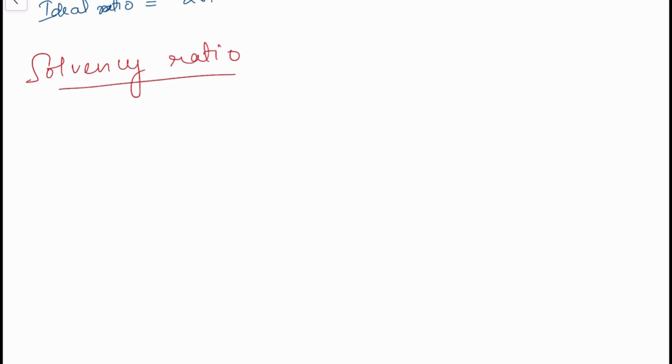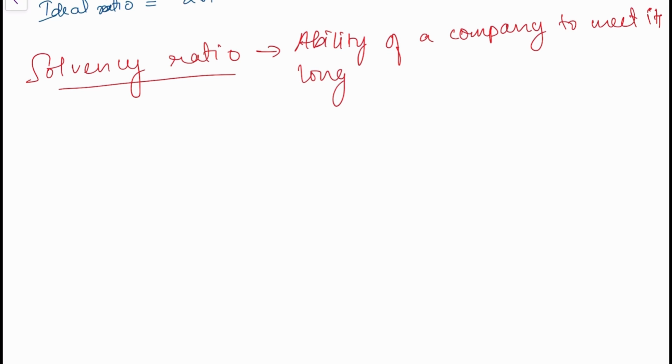Okay, then next, second is a solvency ratio. Solvency ratio, it is an ability of a company to meet its long-term indebtedness.